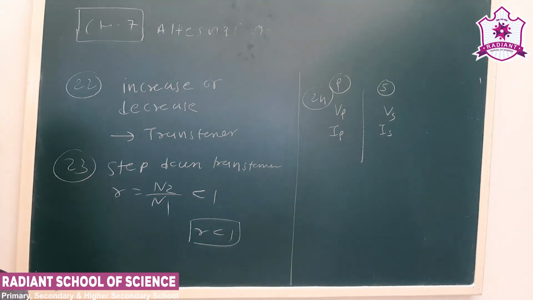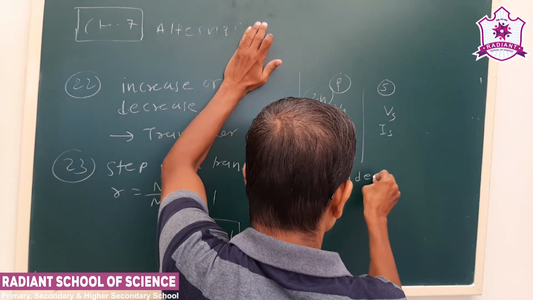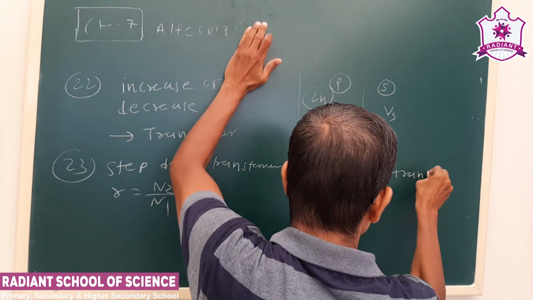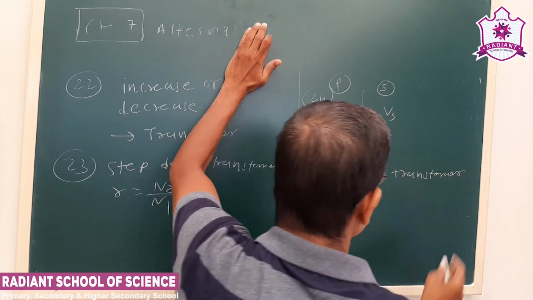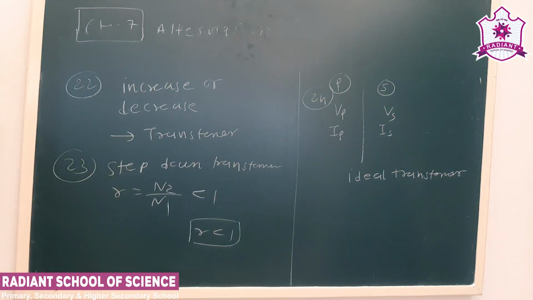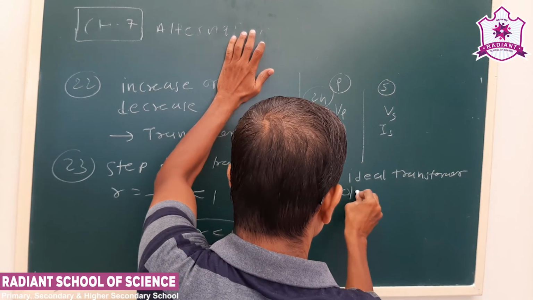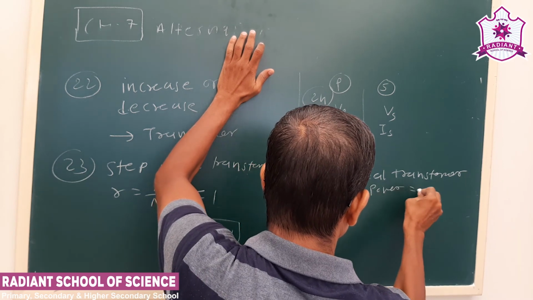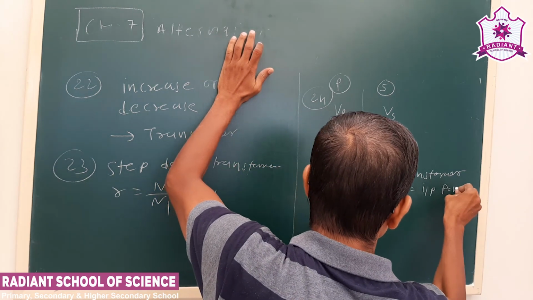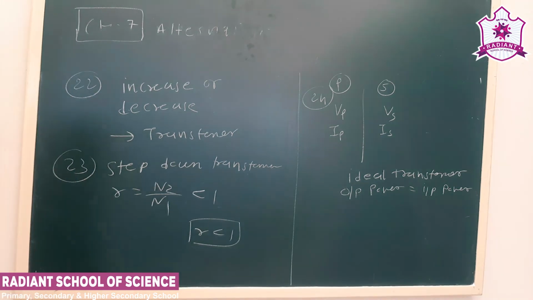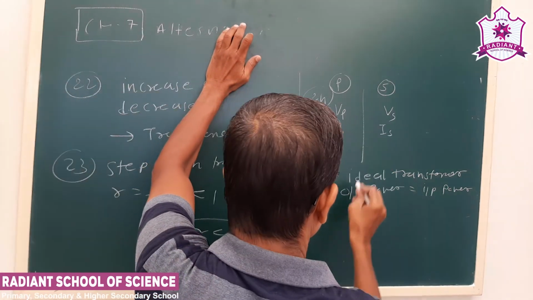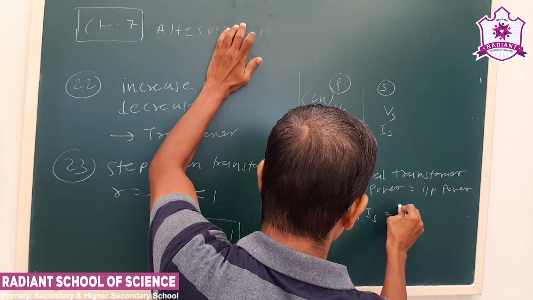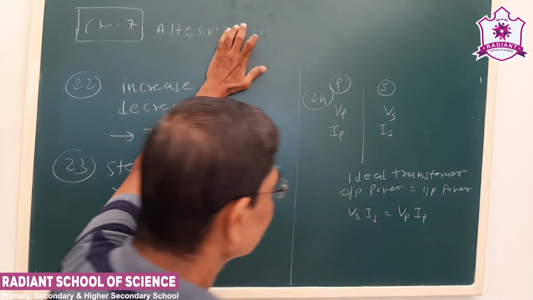Now see, what is the voltage power relation in an ideal transformer? We know that in an ideal transformer we assume there is no loss, so the output power VS IS will be equal to the input power VP IP.